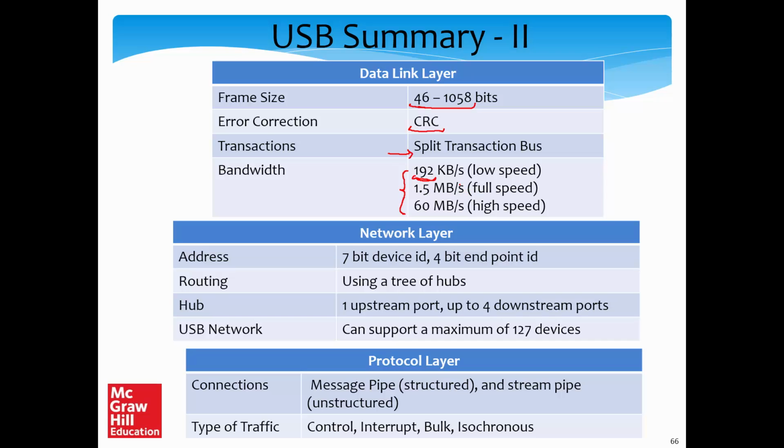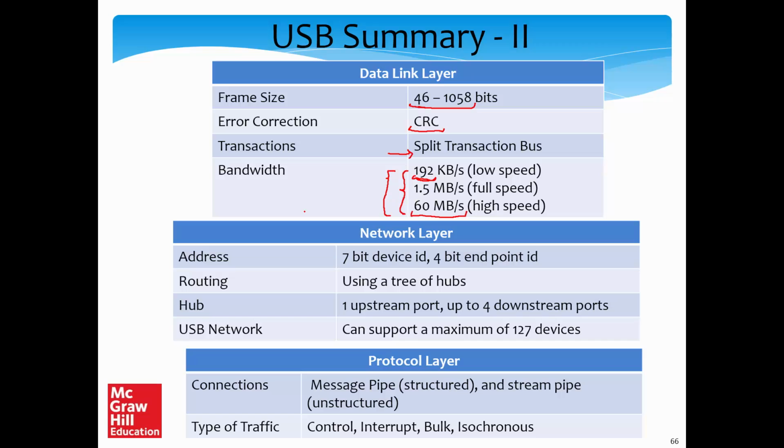This is called full speed USB. And now we have a much faster 60 megabytes per second high speed USB, which is for HD quality devices. So there is a spectrum of USB protocols for these three kinds of devices, but the basic structure for all of them is the same.